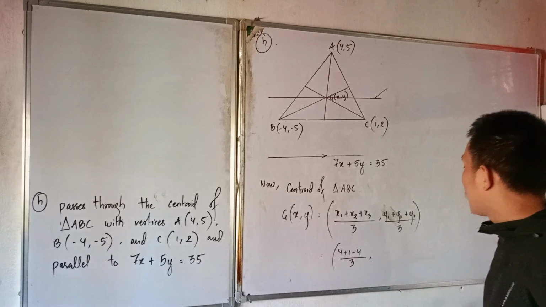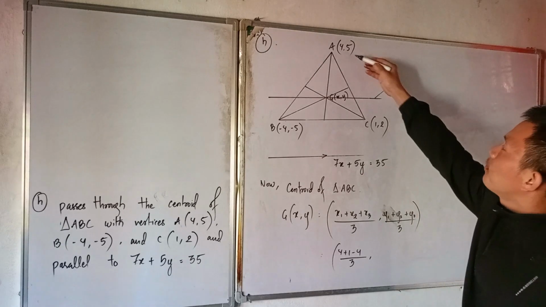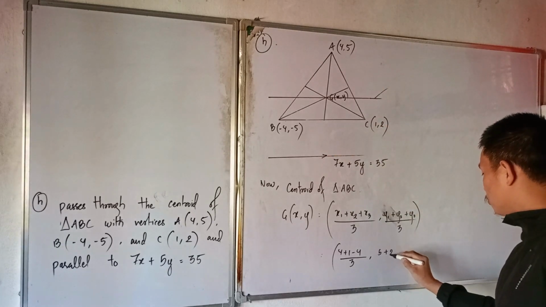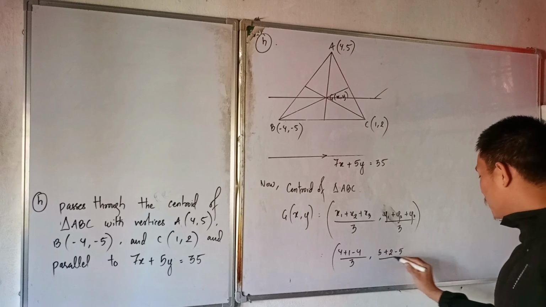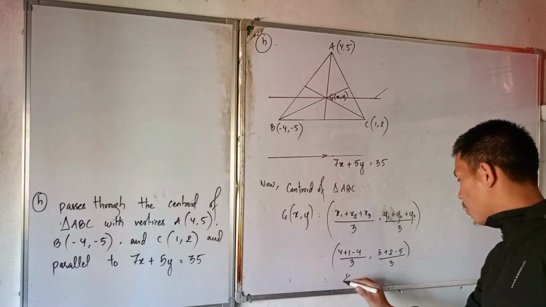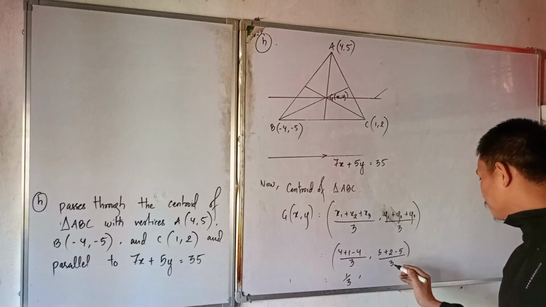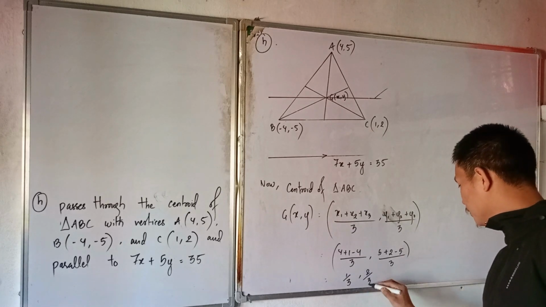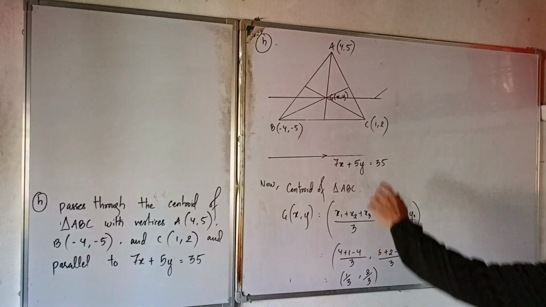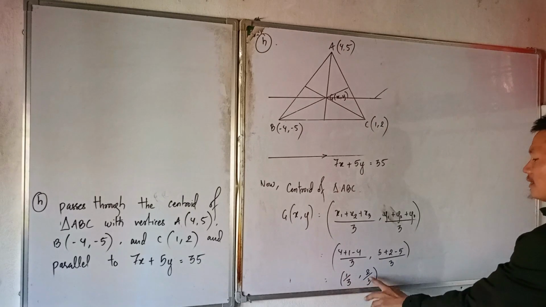And y: 5 plus 2 plus minus 5, divided by 3. From this you will get 1 by 3 and 2 by 3. So the centroid point is (1/3, 2/3).